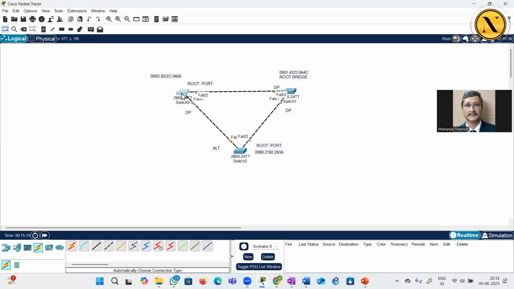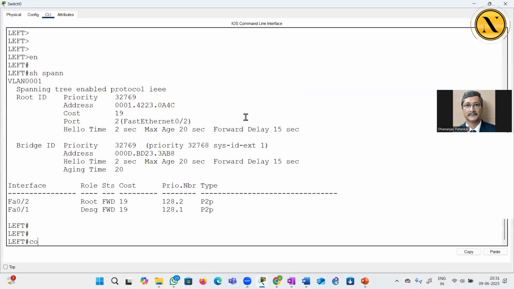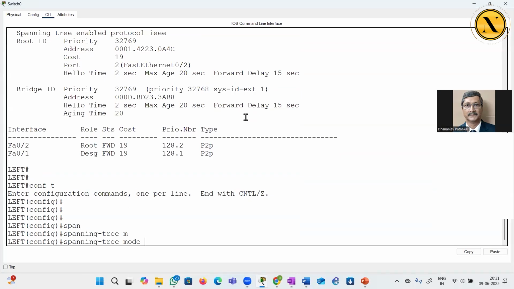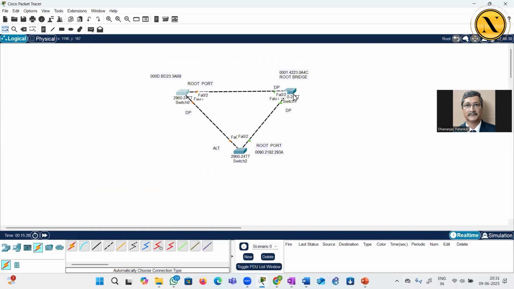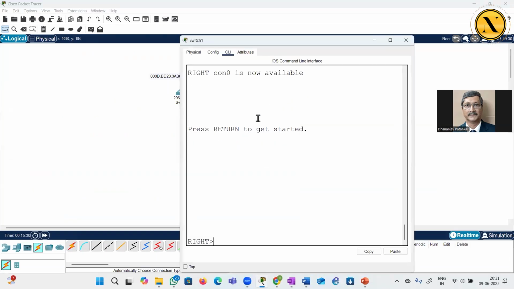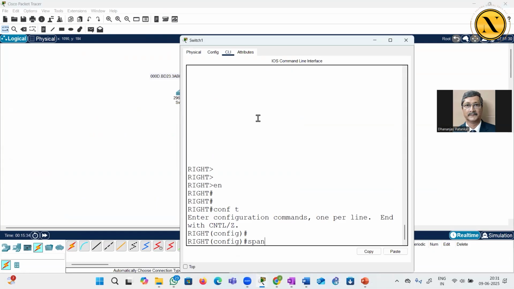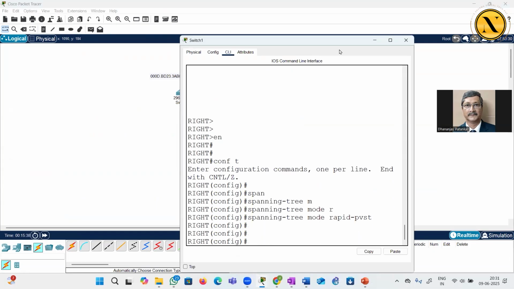You can change it to rapid PVST. Let's change all of them to rapid PVST. Spanning tree mode rapid PVST. Left one done. And the right one: enable, configure terminal, spanning tree mode, R tab, rapid PVST. Also done.